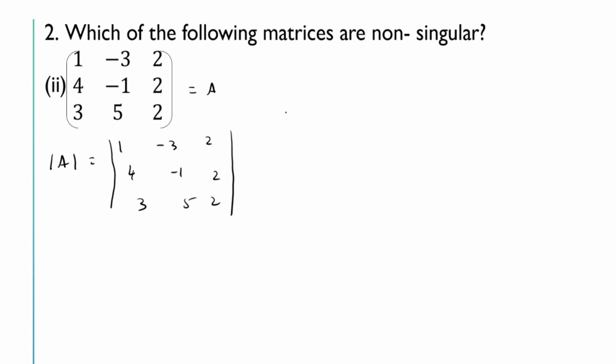So let us apply R1 changing to R1 minus R3 and R2 changing to R2 minus R3. If we do this, we will get 2 zeros in the third column.